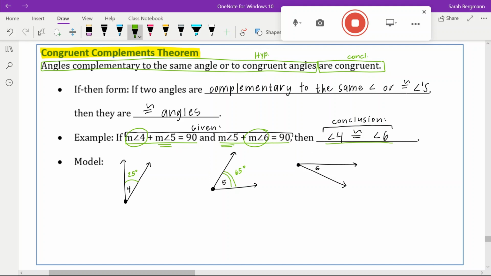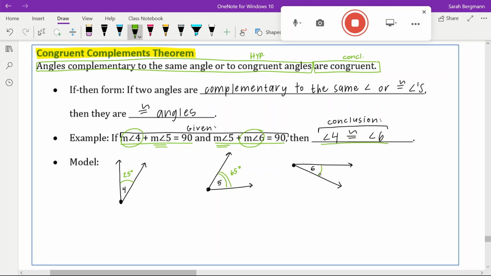Angle 6 must be the same measure as angle 4 in order to be complementary with angle 5. So angle 6 has to be 25 degrees if it's going to be a complement to angle 5. Therefore, angle 4 and angle 6 have the same measure. They're congruent.